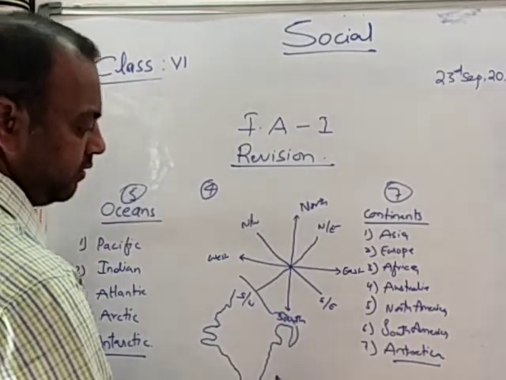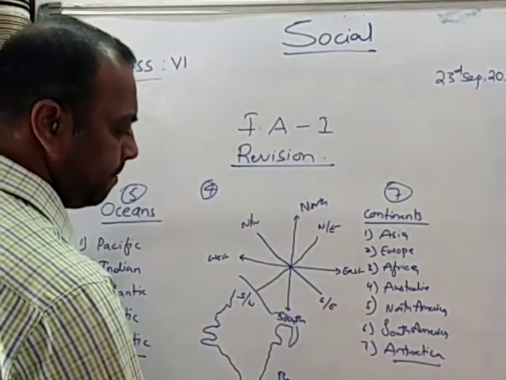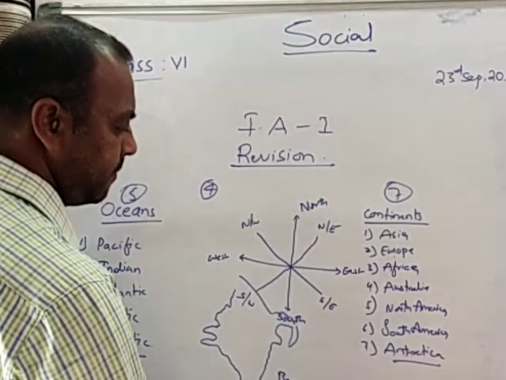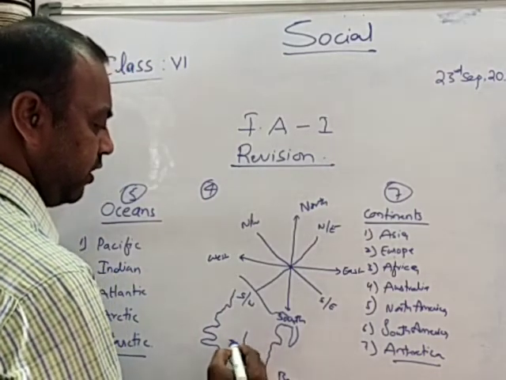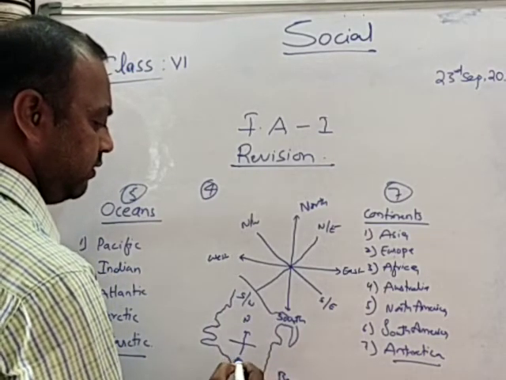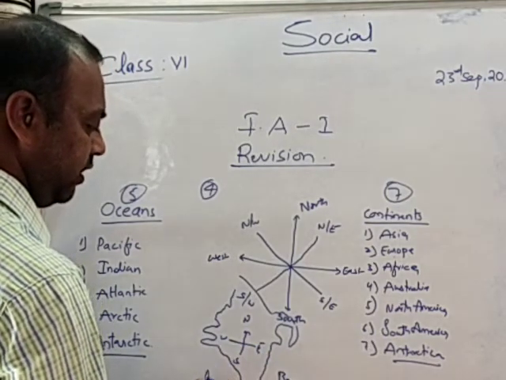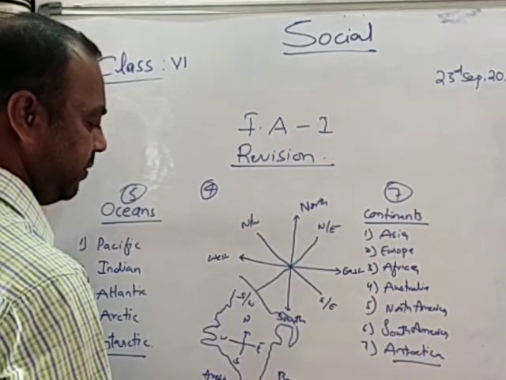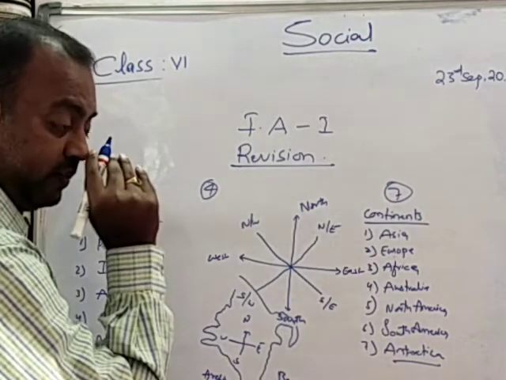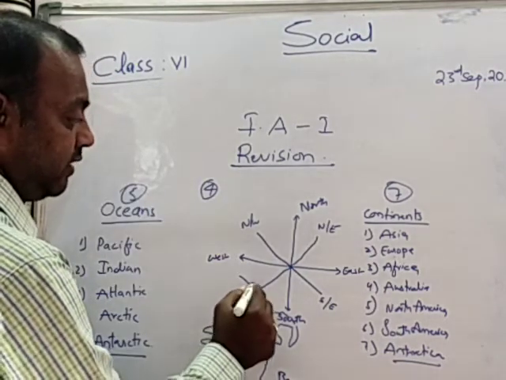So this side is Bay of Bengal. That is, if you draw the directions, north, south, east and west, to the eastern side you have Bay of Bengal. You find Arabian Sea on the western side. And Himalayas are present on the northern side, children.